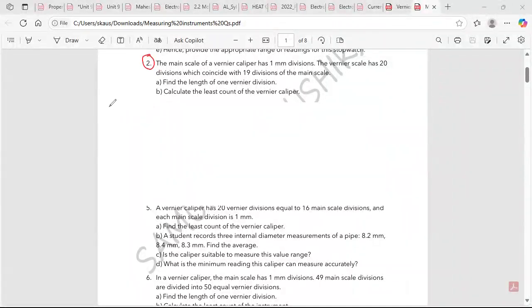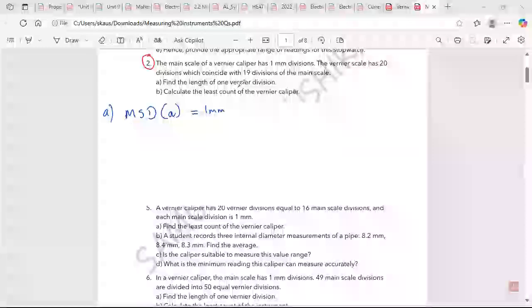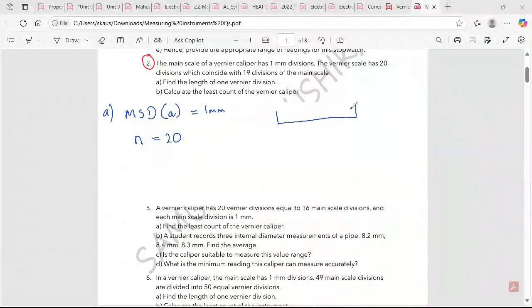So A, one main scale division, is 1 millimeter. Vernier scale has 20 divisions, so that's N. They are asking for the length of one vernier division.